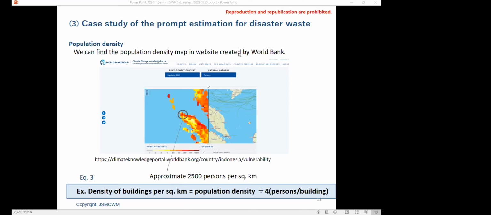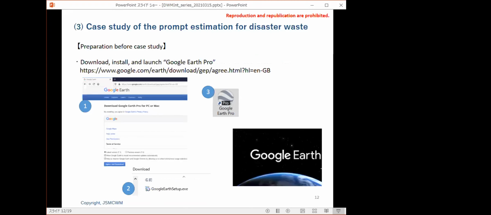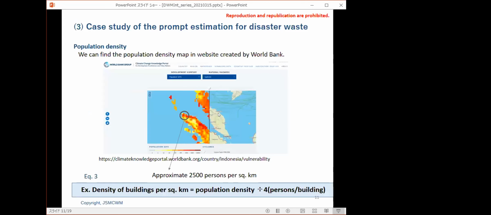The green track shows the cyclone track in the past.